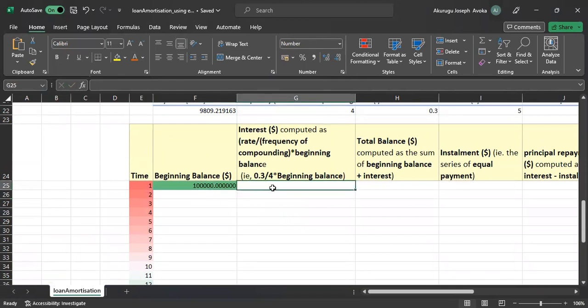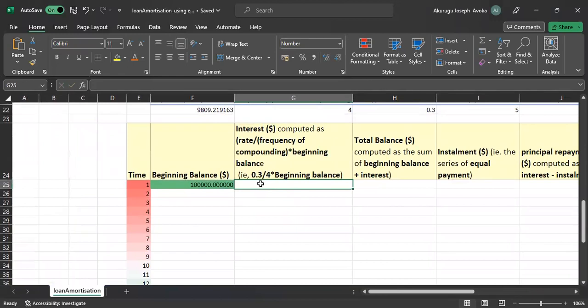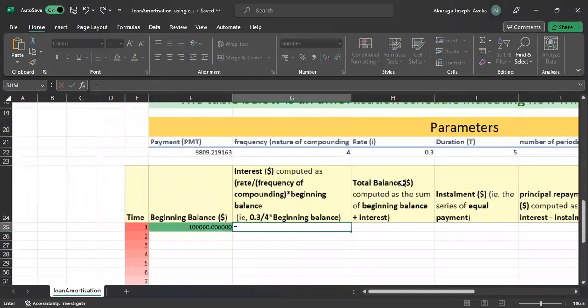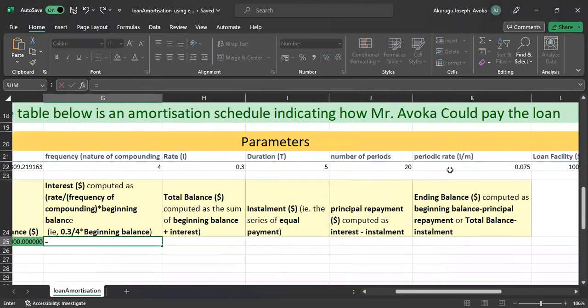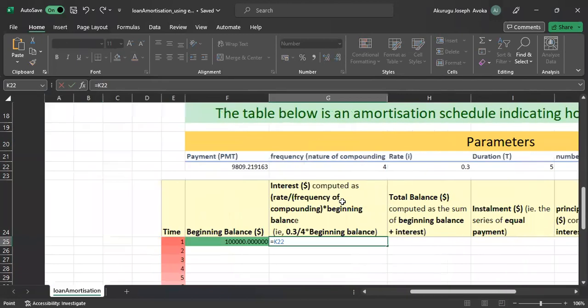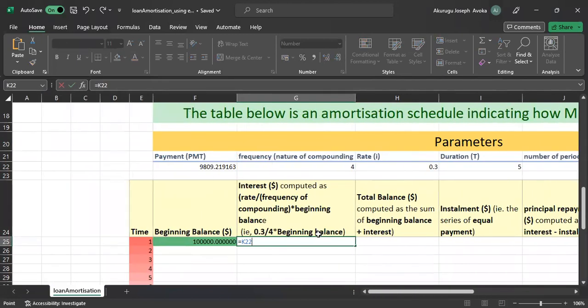Okay, so interest for period one will be equal to the periodic rate, that's this one, times the beginning balance.